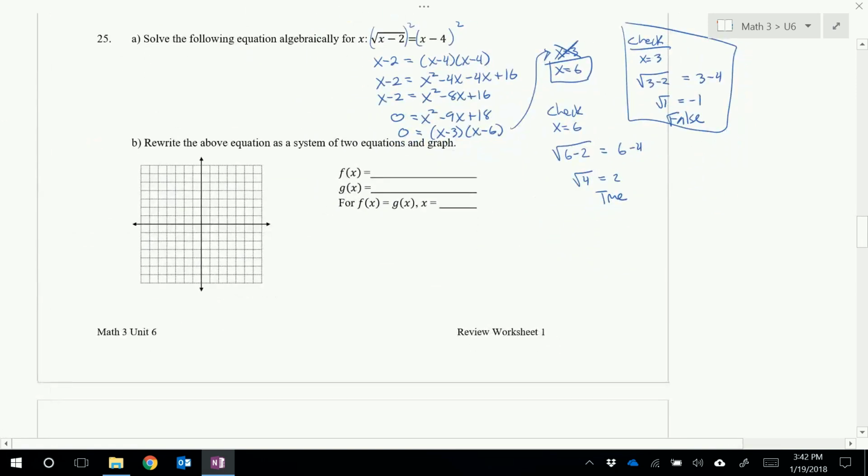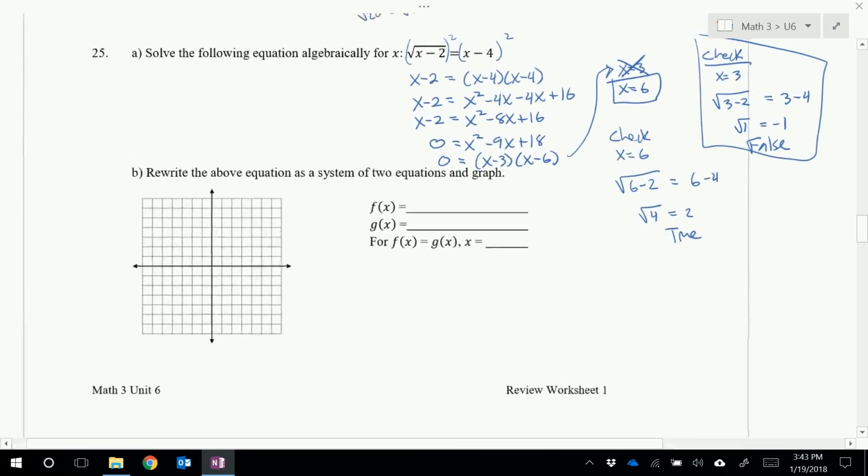For part B, we need to write the above equation as a system of two equations and graph. So let's let f of x be the left side of that equation, and the right side be g of x. And we know from our solution in A that those two graphs should cross when x is 6, because that was our solution. And so let's check that out.